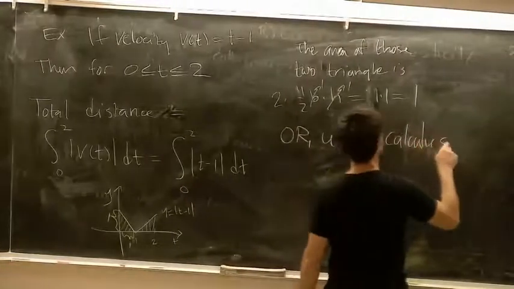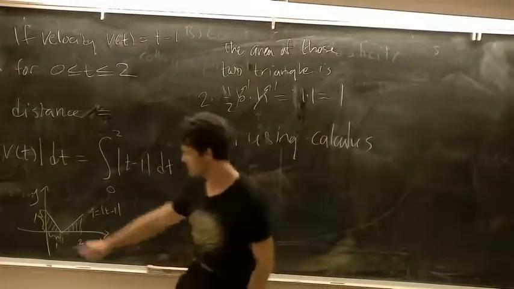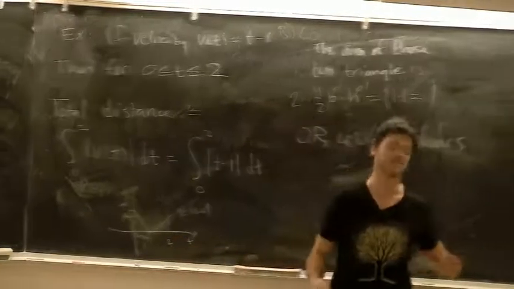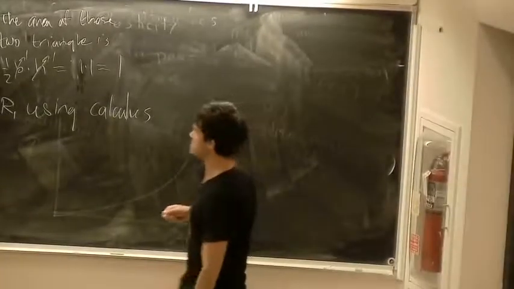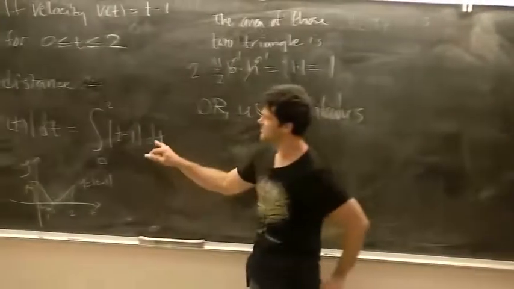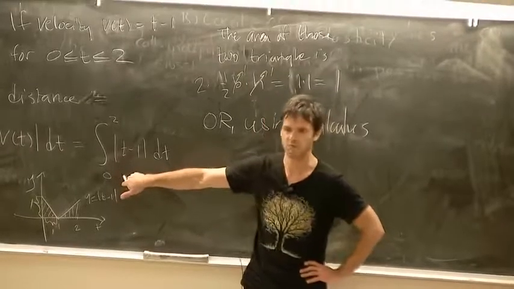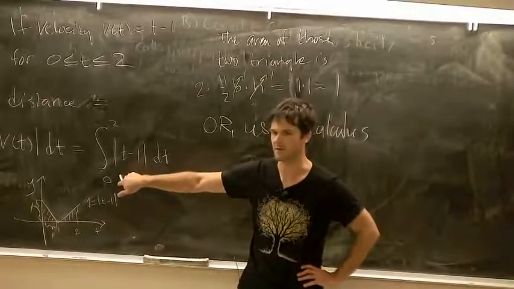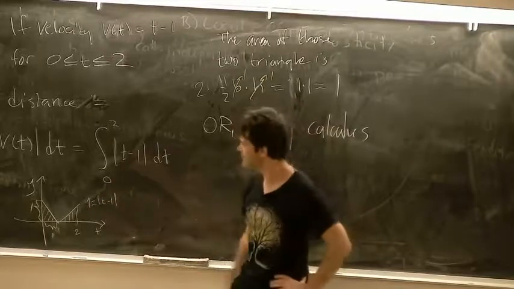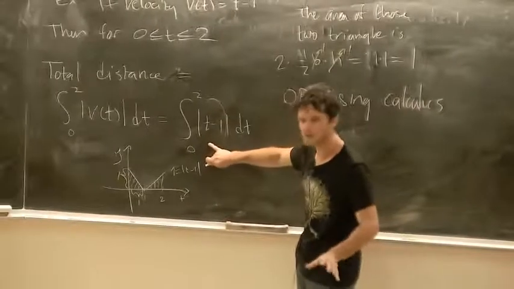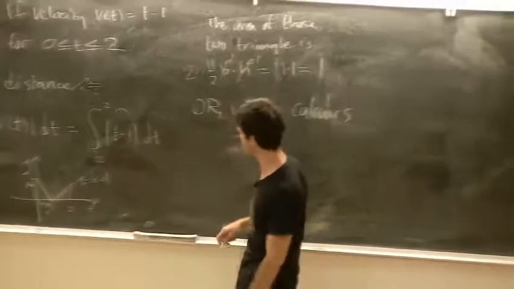But not all shapes are necessarily going to give you triangles in the area. So let's say you didn't realize that, oh, that's just 2 triangles. We could use calculus. And I said before, the only really tricky part is breaking this integral up into where it's positive and negative. Or sorry, into where whatever's inside the absolute value is positive or negative.